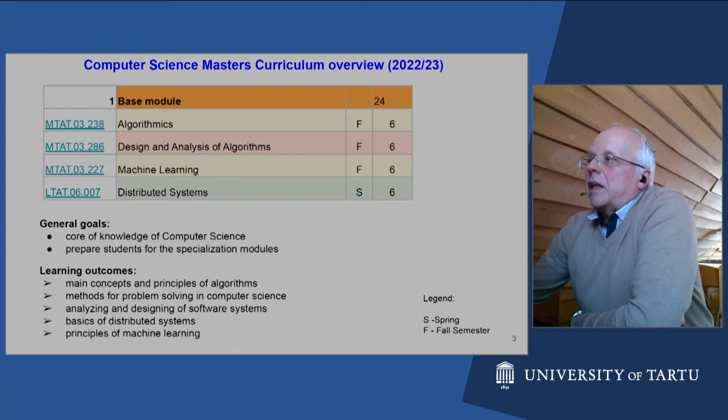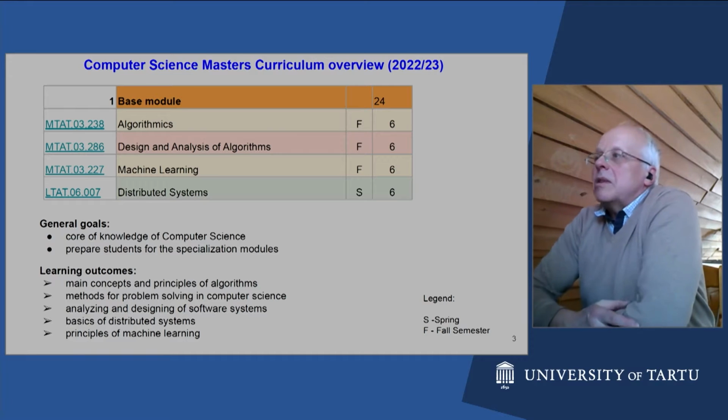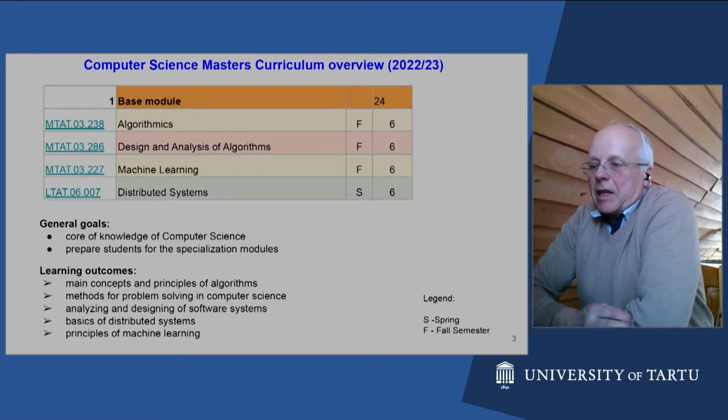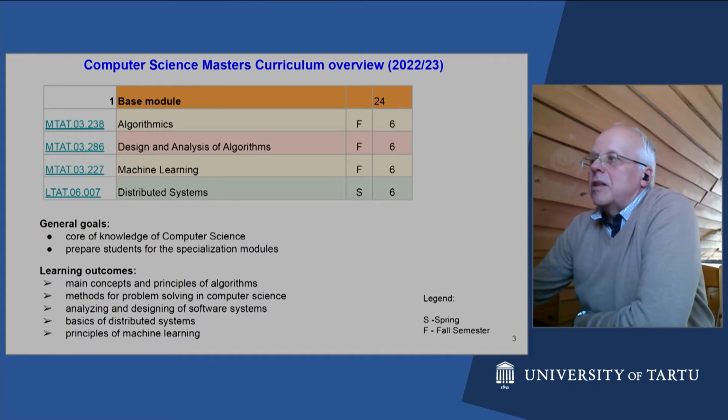So it means that on your choice of 3 of those different specializations, based on the base module courses, you can actually take as elective courses or pre-choice courses also some courses from the other specializations.